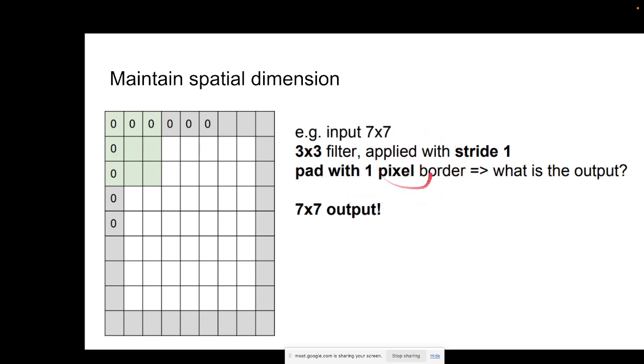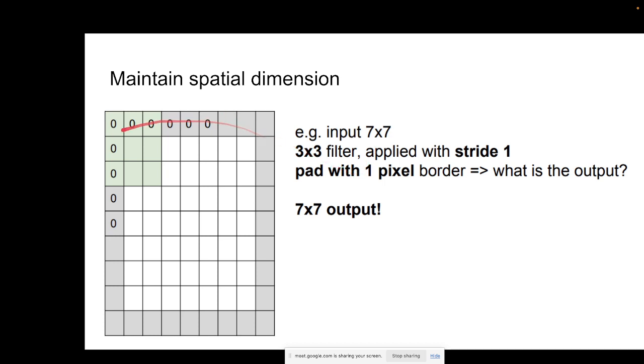Whatever your pixel border is, here a 1 pixel border, your image size becomes 2 times that. Let's call this quantity, which is 1 here, capital P. So your transformed image will have a size of n plus 2p.